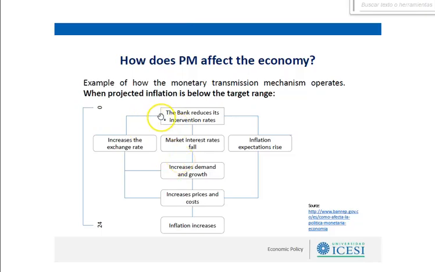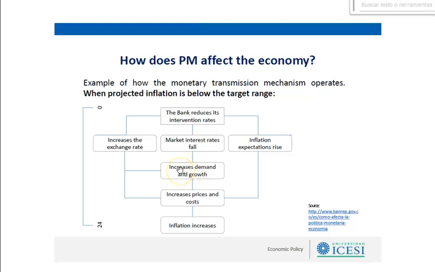The first one is, well, if the interest rate reduces in the country, then capital will flow out, right? So it means the exchange rate will devaluate. And if the exchange rate devaluates, it means that the demand will increase. Why?